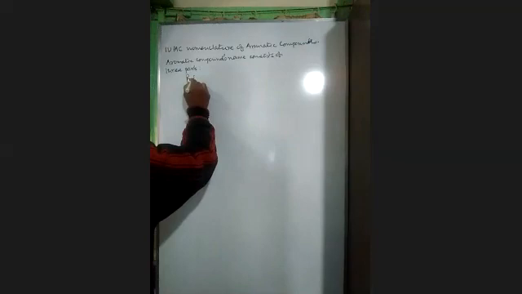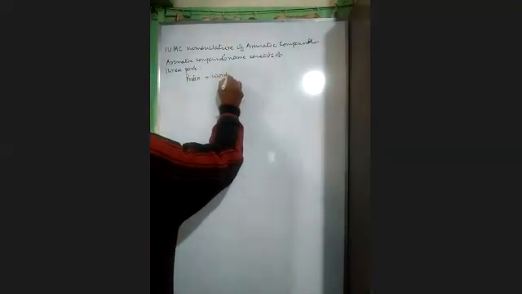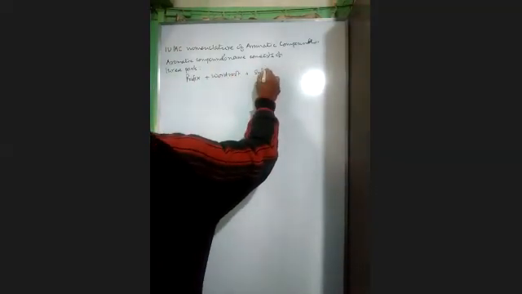consist of three parts. What are those? Prefix, word root, and suffix. Here, unlike aliphatic compounds, you cannot have primary prefix, secondary prefix, primary suffix and secondary suffix.